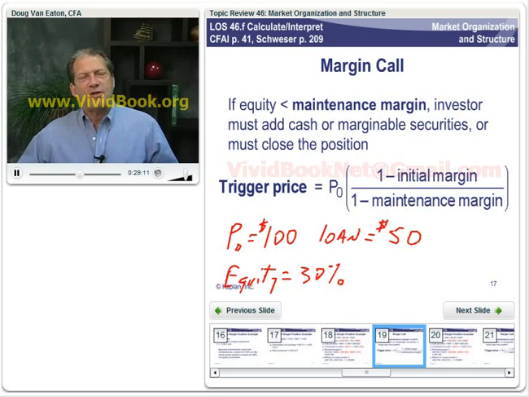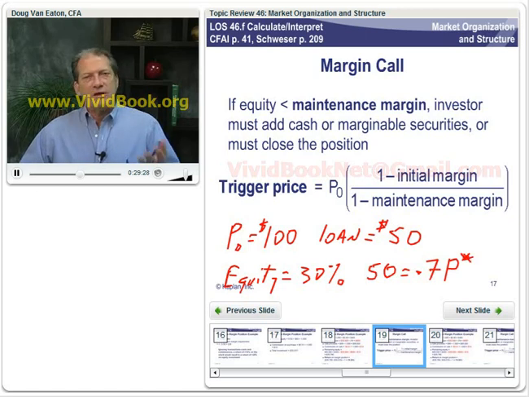If you can make that leap, then you're okay, because we're going to go, well, our loan is $50. That doesn't change with the stock price. So when $50 equals 70% of the price, that's where we're going to get a margin call, or at least below that price we'll get a margin call. So all we have to do is solve for this, and that is 50 over 0.7, and we've got our price right there.